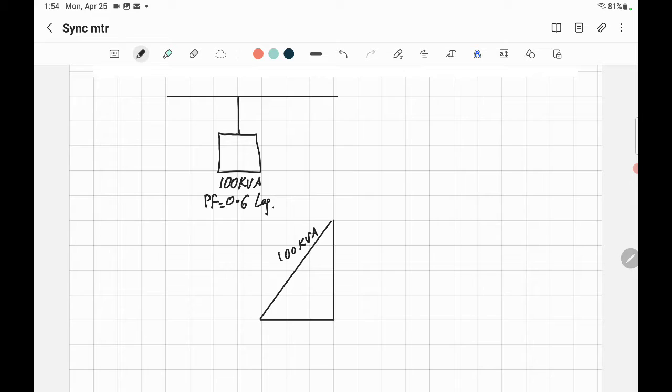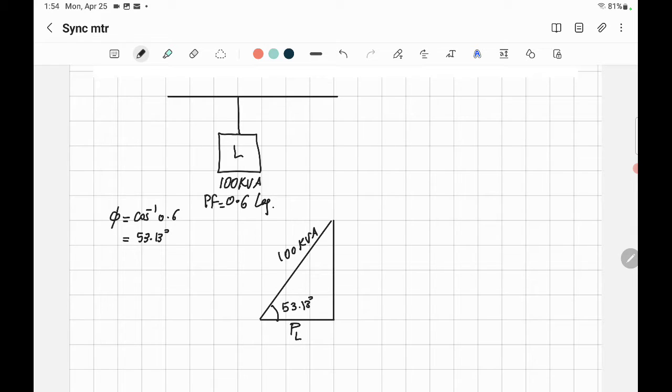What does it mean? You can get, of course, phi. Phi will be equal to cosine inverse of 0.6. You will get 53.13 degrees. So that would be the angle, 53.13. So you can calculate the power here. How do we calculate the power of the load?